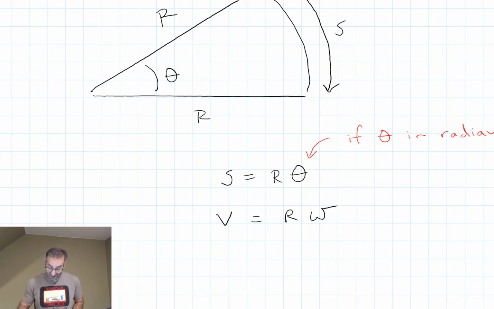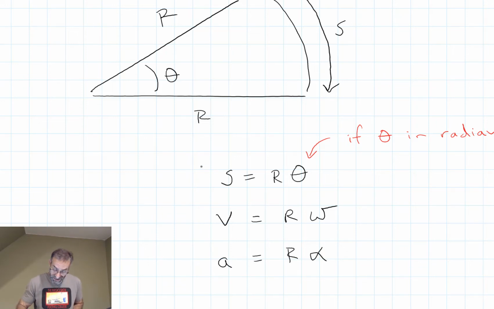And if we take the derivative of this, we get the rate of change of our tangential velocity, which is our acceleration, right? Our tangential acceleration, or our linear acceleration, a, is going to be r times alpha.